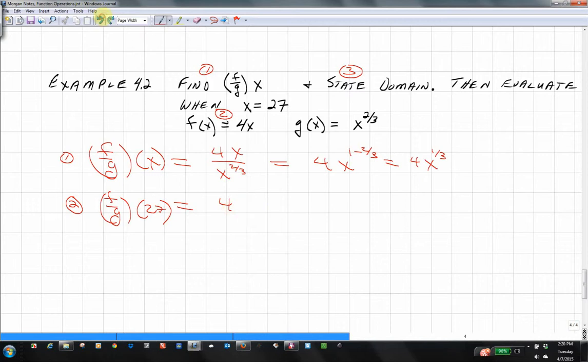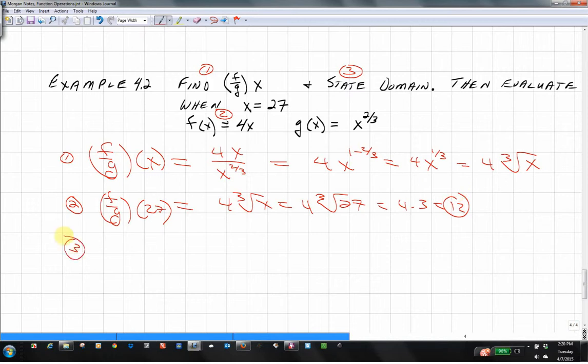I'm going to go ahead and write it as a cube root here. Would be 4 times the cube root of 27, 4 times 3, that's equal to 12. And the last part is to find the domain.